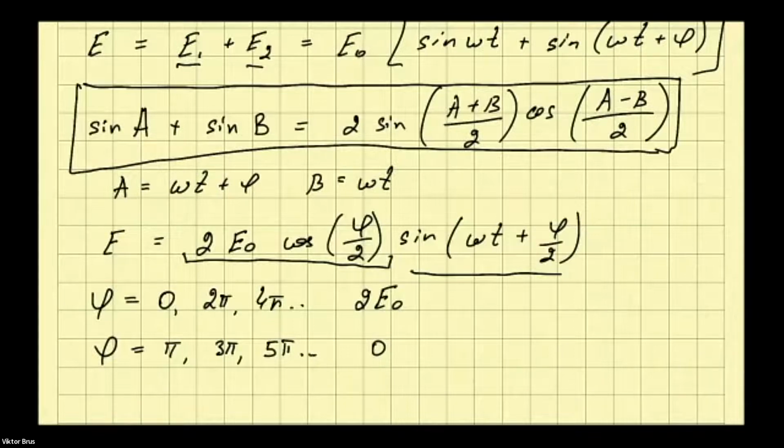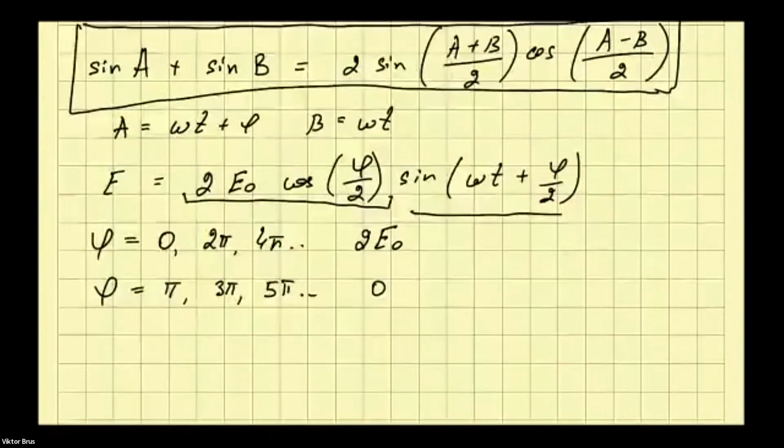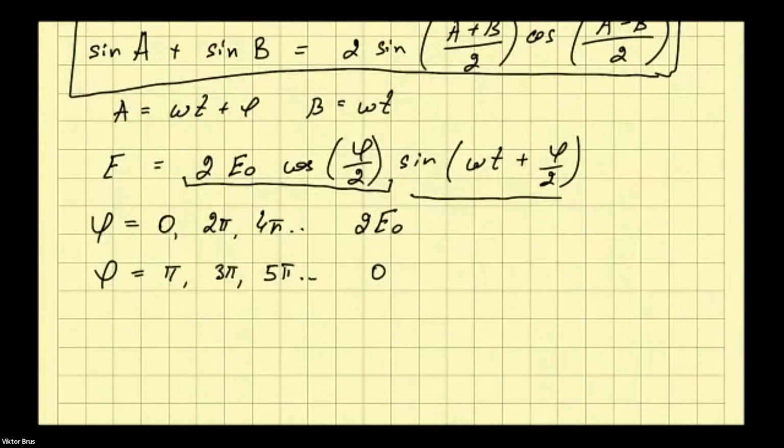So we already have this trend for electric field, but again, intensity of light and electromagnetic wave is proportional to E squared.